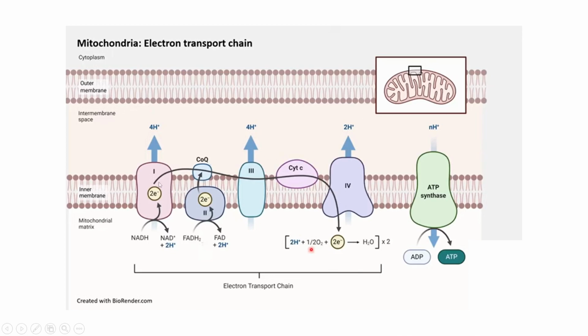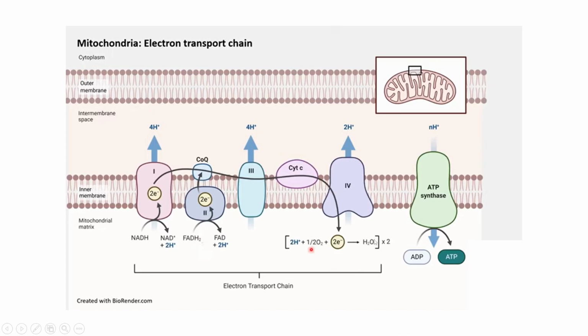Okay, in case of FADH2 they also donate the electrons, but in this case the hydrogen ions cannot get translocated into the intermembrane space. So these electrons basically transfer through the various transport chain. Okay, they move to the transport proteins, and the hydrogen ions react with the oxygen to form a water molecule.